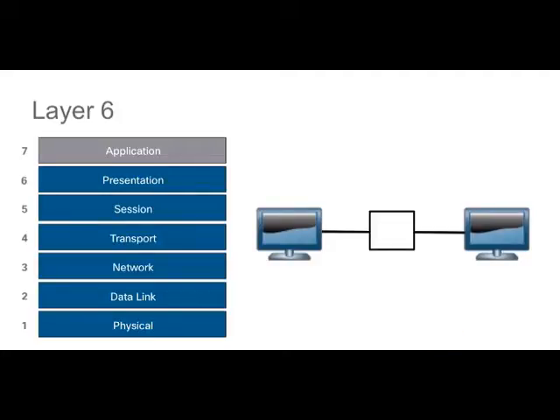One is using EBCDIC, and the other is using ASCII text to represent the same characters. Now these are two different formats, but each of them is representing the same characters. They just do it in a different way. So the presentation layer would have to translate between these data formats using a common format.